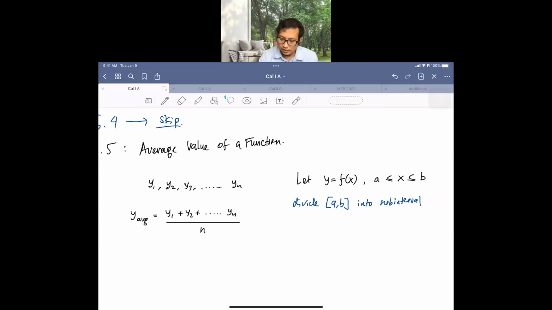Let's say n subintervals, so we have several rectangles, and we make the rectangles more and more. The width of each subinterval will be equal to b minus a divided by n, right?